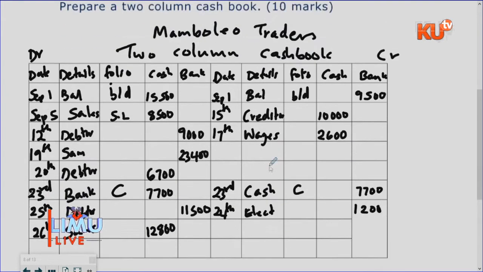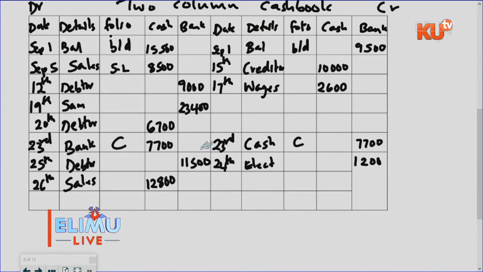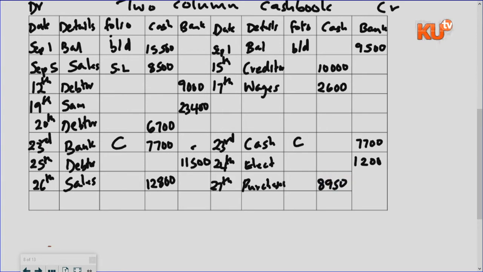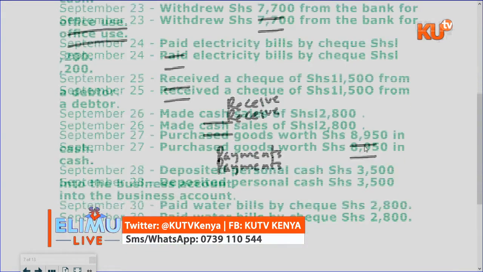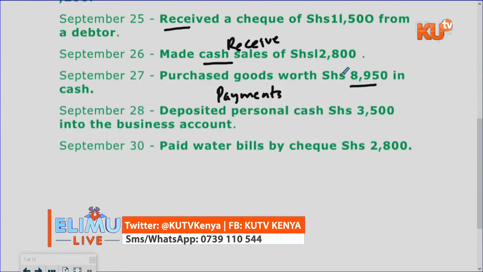That is on 27th, and that is out of purchases, cash of how much? 8,950. Good. And then we finish up with 28th.